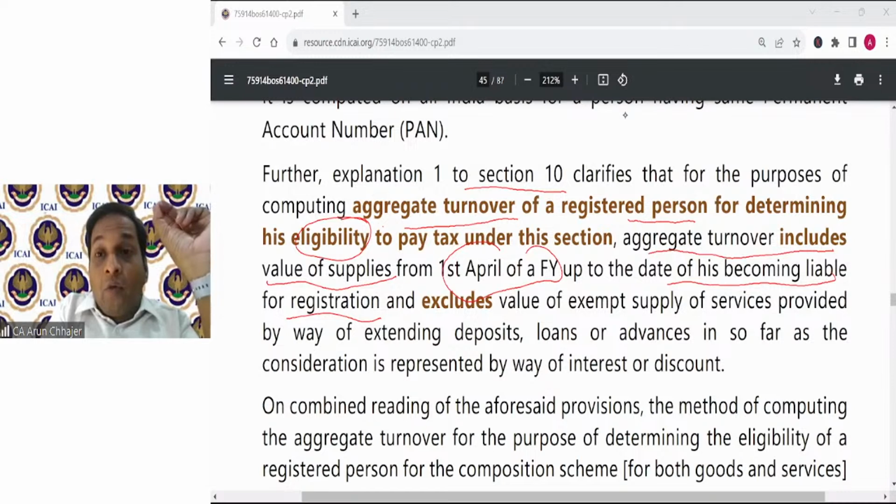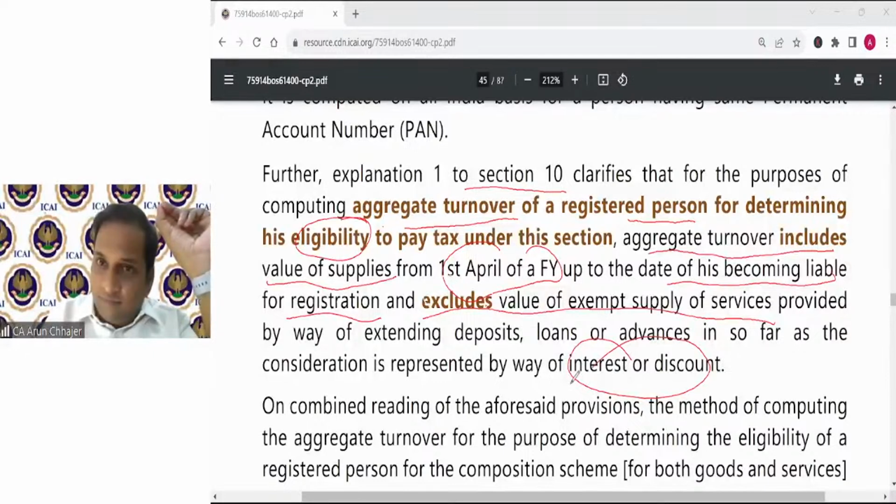It means what is my sale from 1st April till the date I am eligible to take a registration. And exclude the value of the exempt supply of the service, which is interest or the discount. Right? Because it is upper limit.